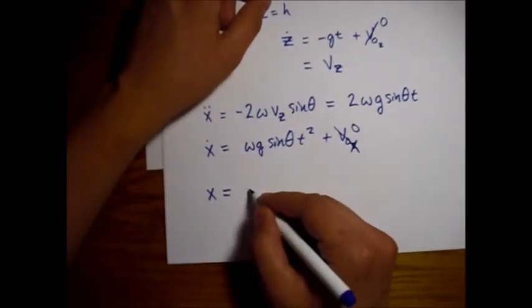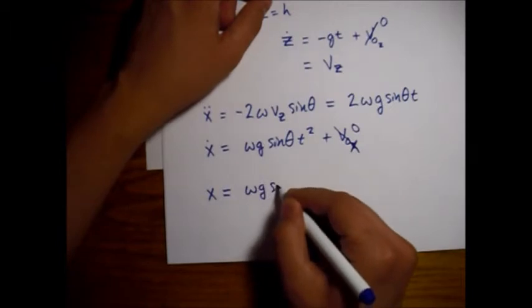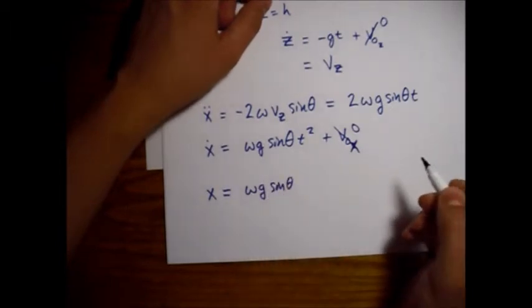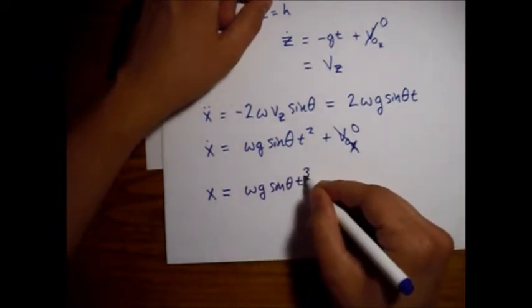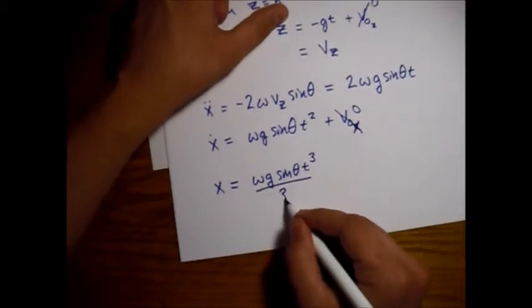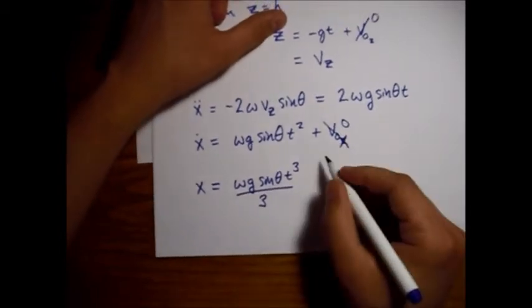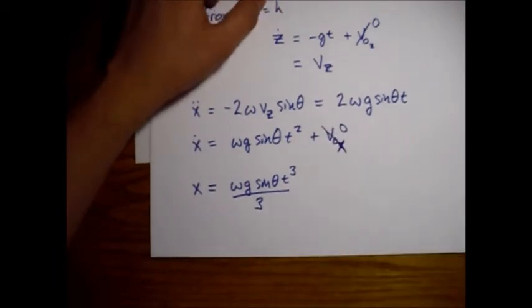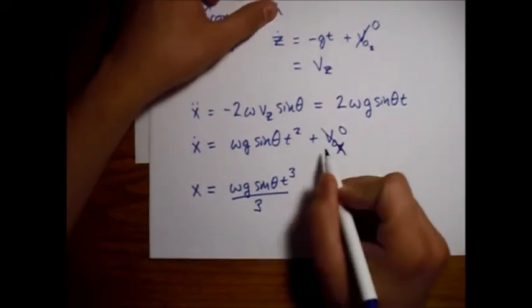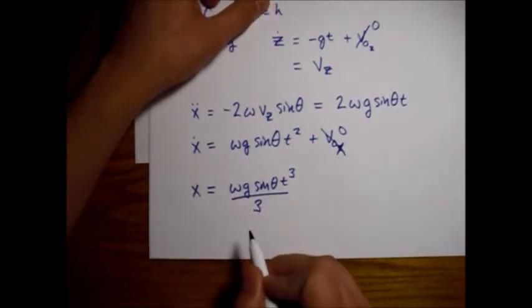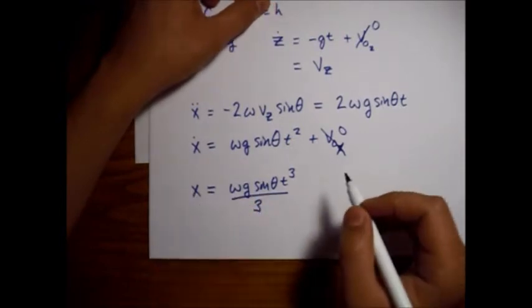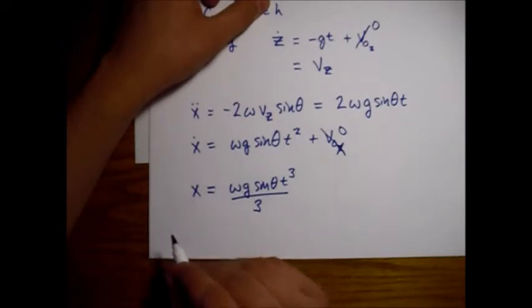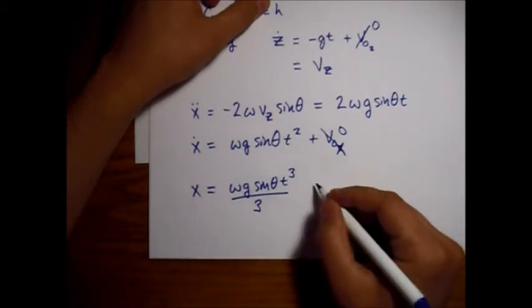We have now omega g sine theta. Okay, now we're going to t cubed and dividing by 3. And now we add on our constant of integration with the initial conditions. All right, so now that's the initial x position, which is also 0.